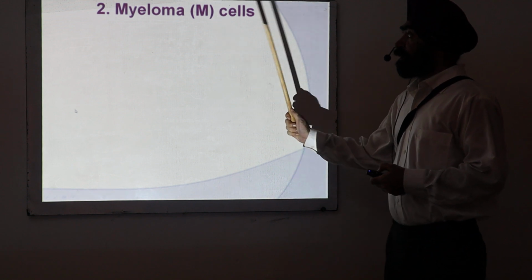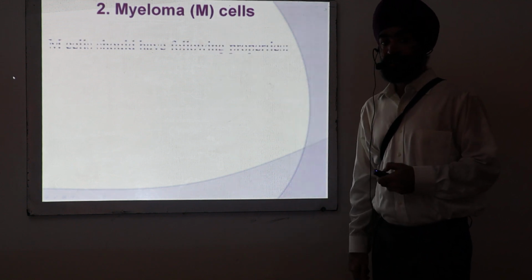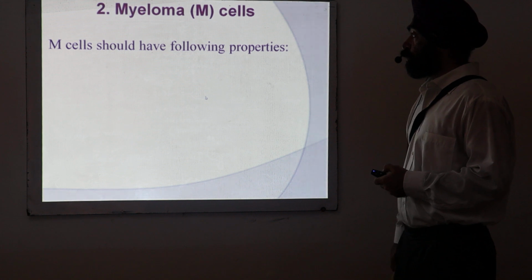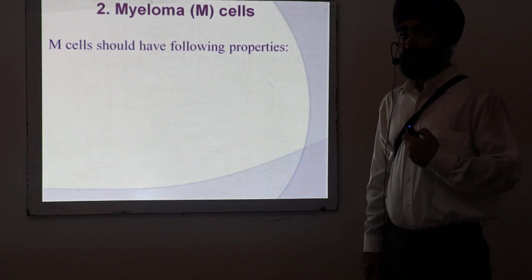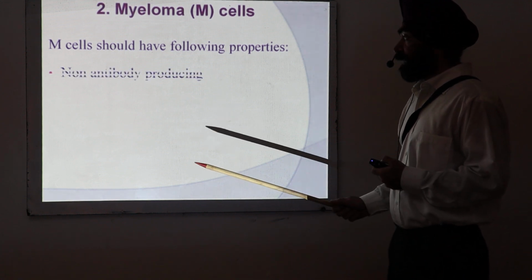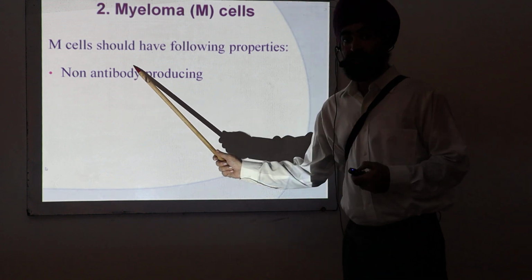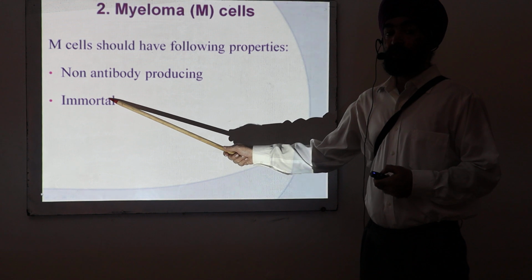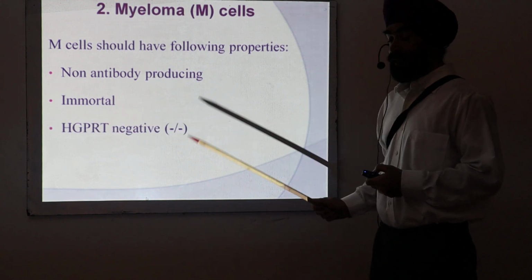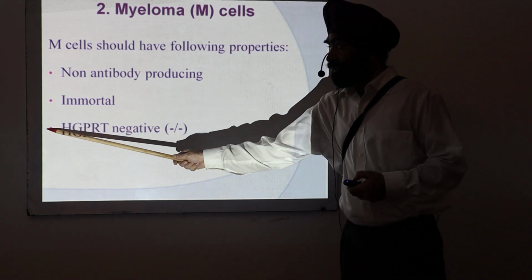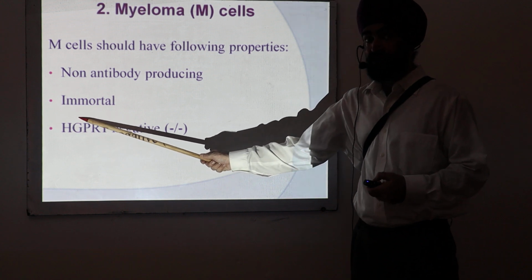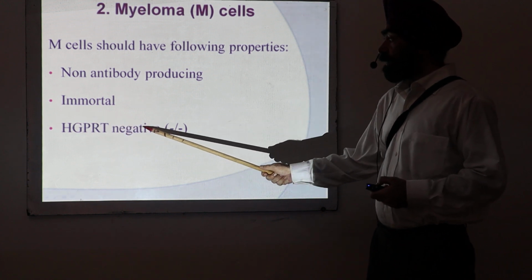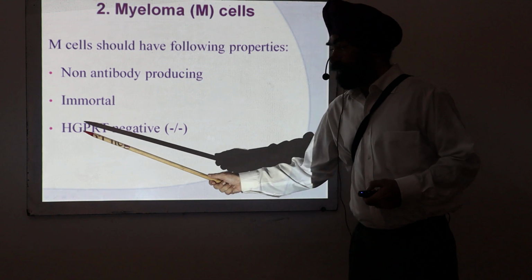Second step is obtaining the myeloma cells, the M cells. There are some desirable properties of the M cells: they should not produce antibody, and they should be immortal and not die. Another very important property, which we will discuss later in the selection procedure, is that they should not contain the HGPRT enzyme.